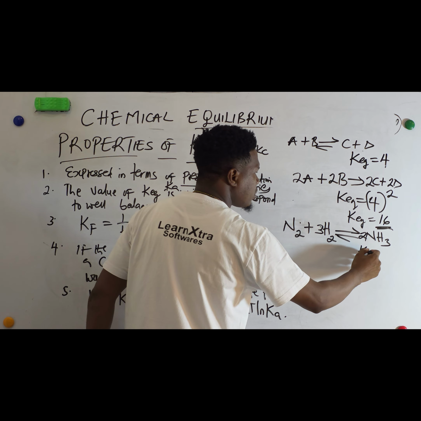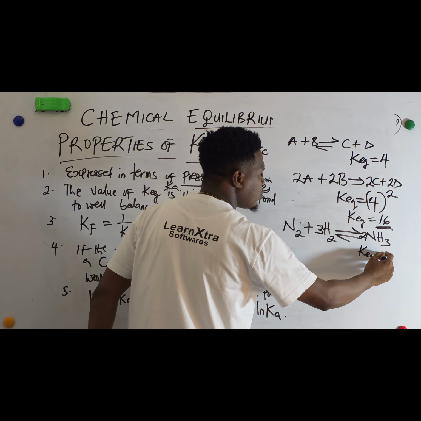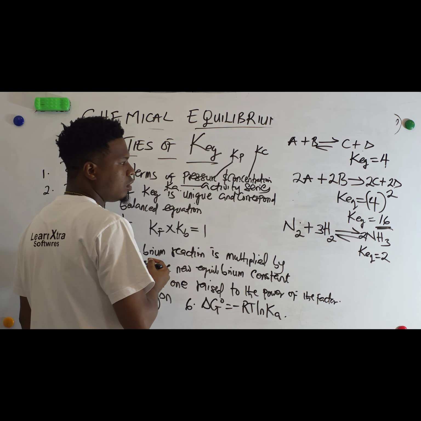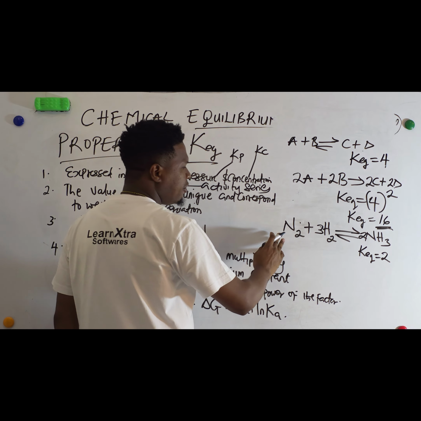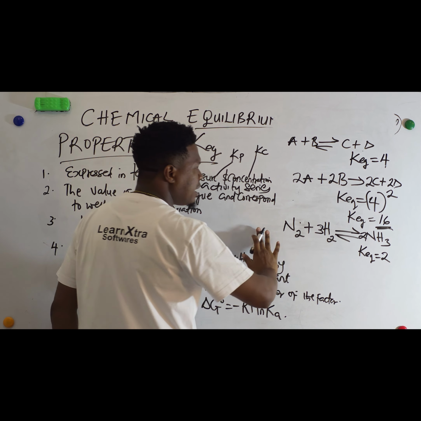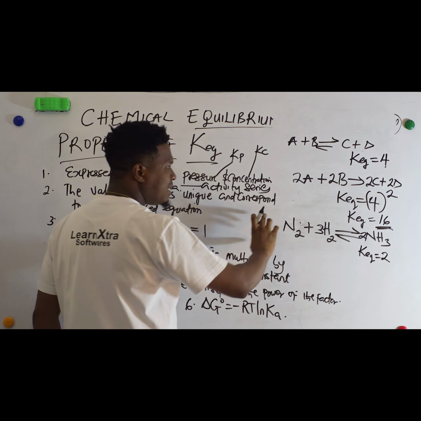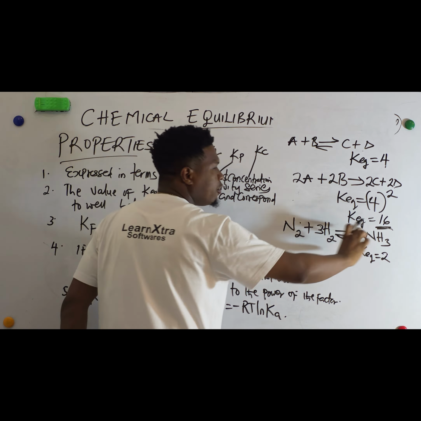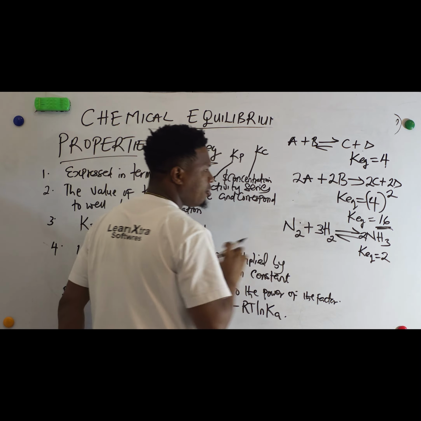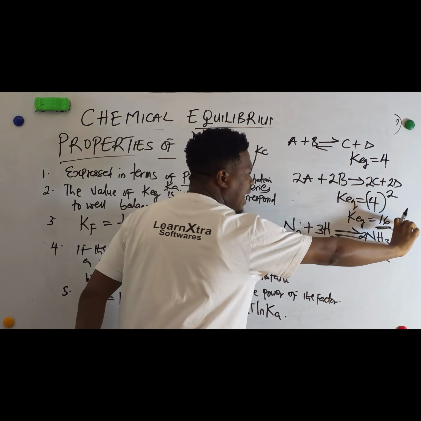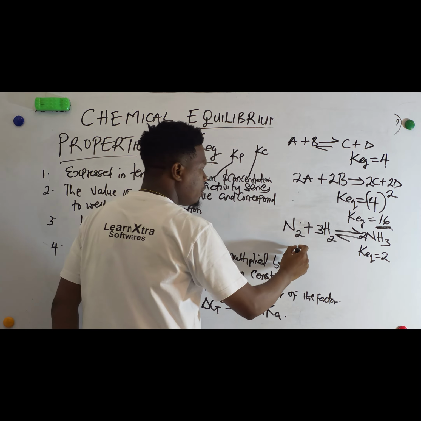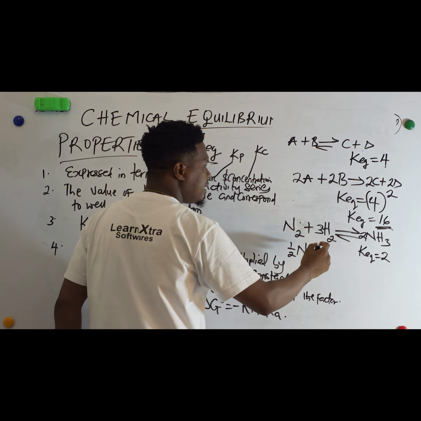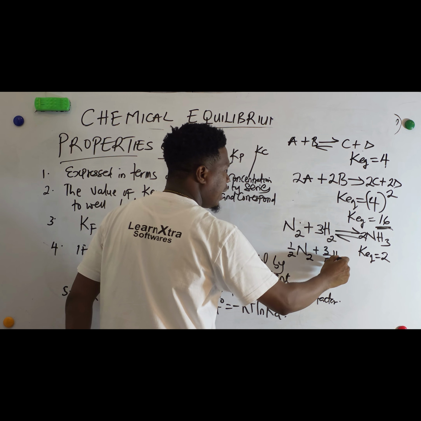Let's say the equilibrium constant for this reaction is 2. If I divide everybody here by 2, or multiply this equation by half, here will become N2 half plus half times 3, which gives 3/2 hydrogen.